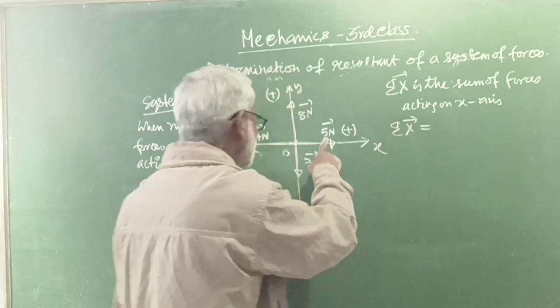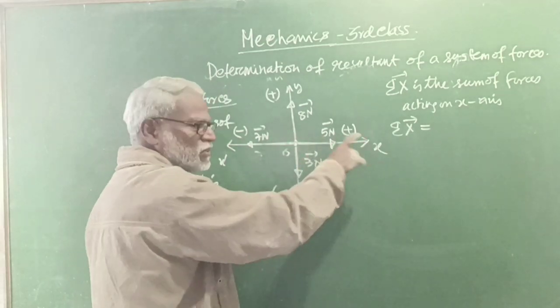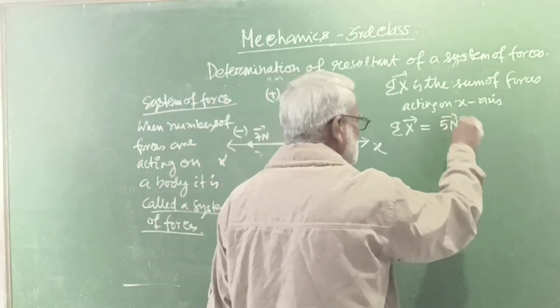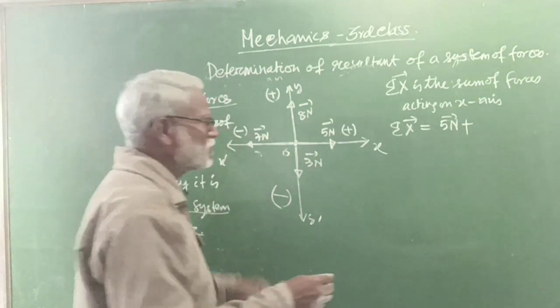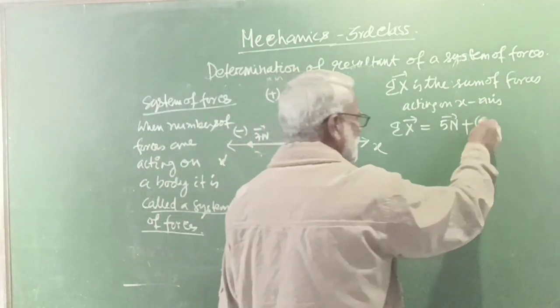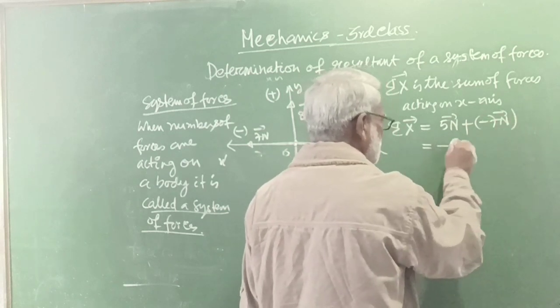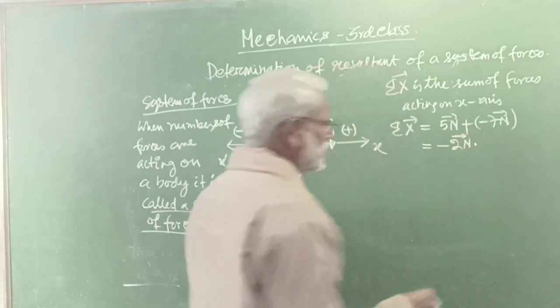So you see there is a 5 Newton force and a 7 Newton force. The 5 Newton force is acting along the positive direction, so it is plus 5 Newton, and the other is acting along the negative direction, so minus 7 Newton. This gives the sum minus 2 Newton.